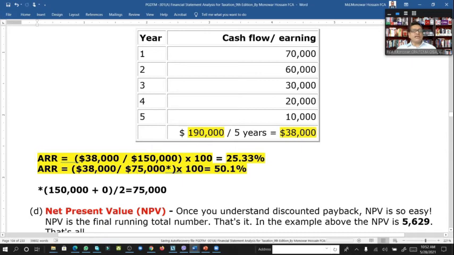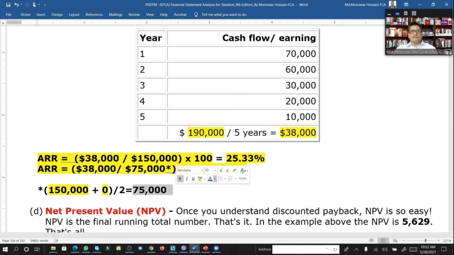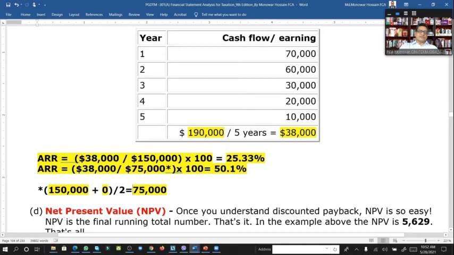So how does average investment come? In year 0, we invest 1,50,000, and no investment or inflow or outflow in the other year, so it is 0, divided by 2, so it comes to 75,000 as the average investment, as per our formula. So 30,000 divided by 75,000, multiplied by 100, then we will get 50% as the average rate of return.